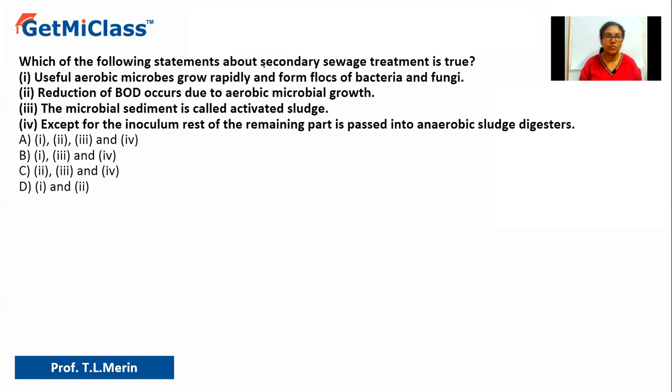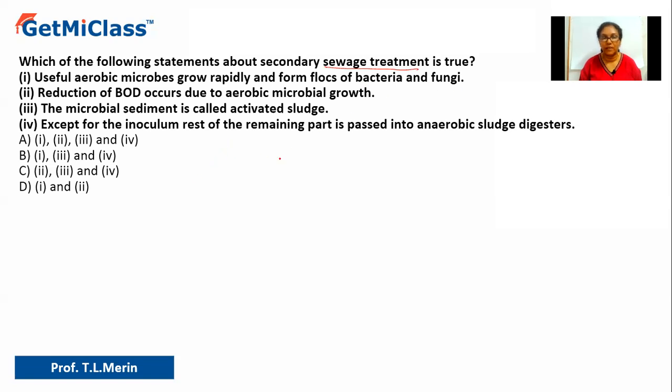So first we have to look for which of the statements are true about secondary sewage treatment. The first statement says useful aerobic microbes grow rapidly and form flocks of bacteria and fungi.